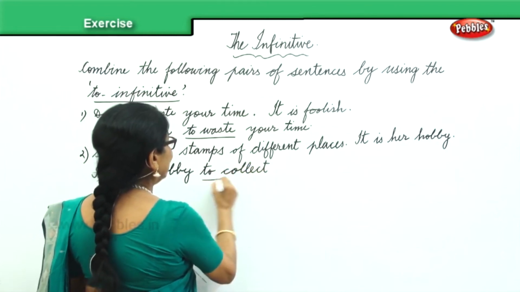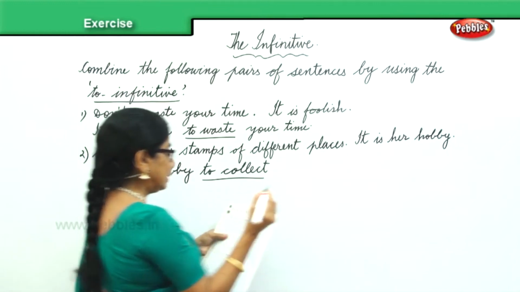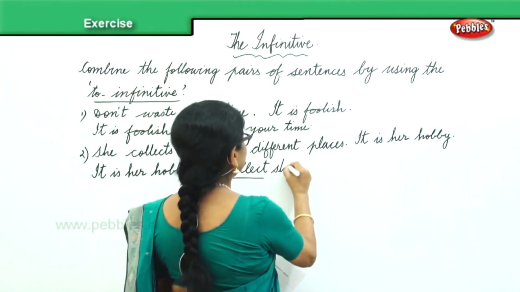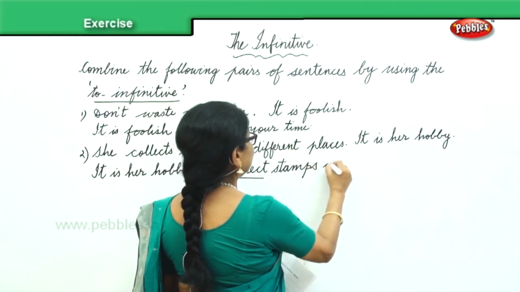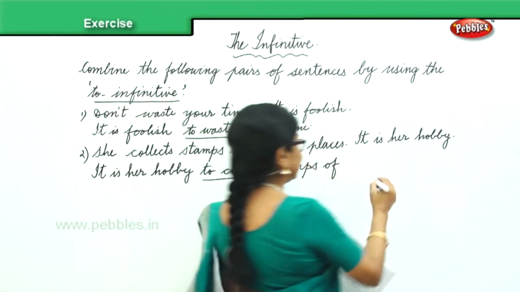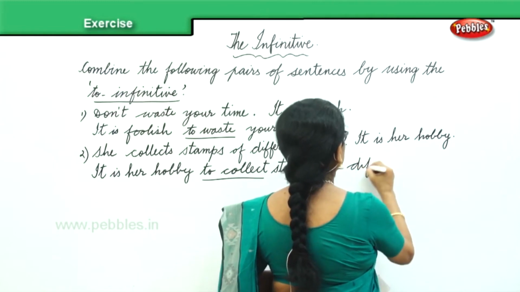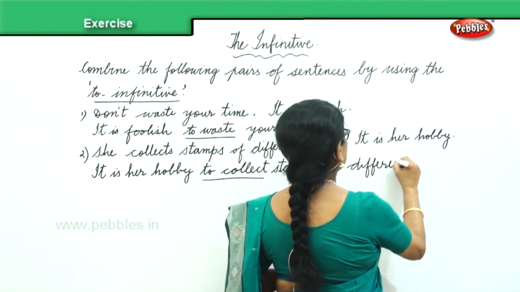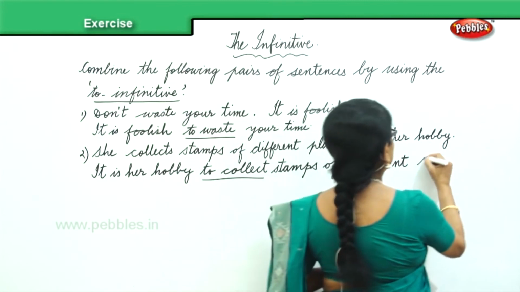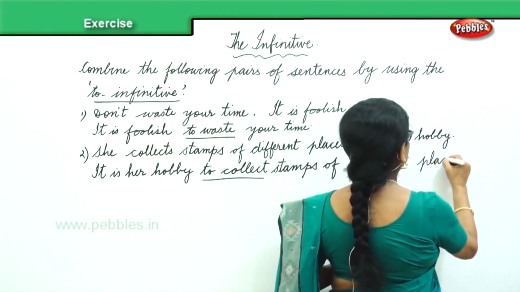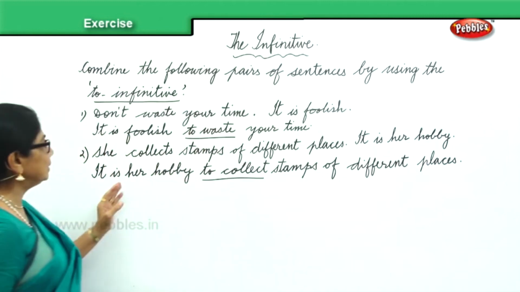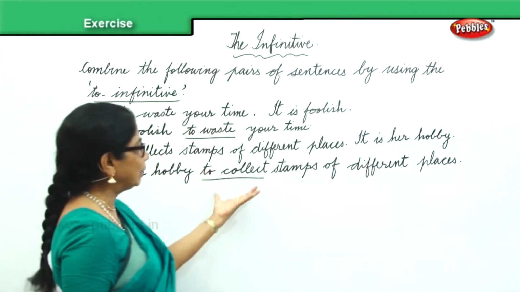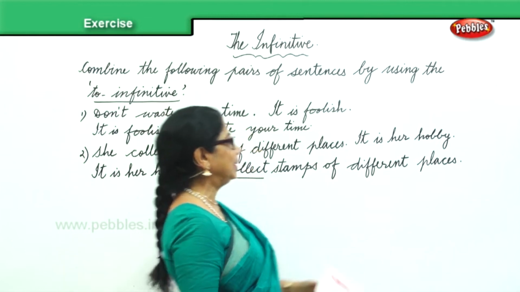We have added to collect, stamps of different places. So we got combining the sentence. It is her hobby to collect stamps of different places.